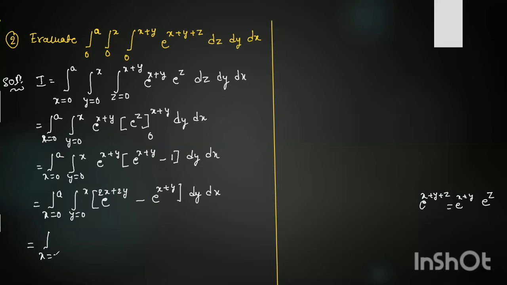Integration of x is equal to 0 to a. First term e to the power 2x as it is. And integration of e to the power 2y is e to the power 2y divided by 2. The limits are 0 to x, minus e to the power x as it is, e to the power y is e to the power y, 0 to x.